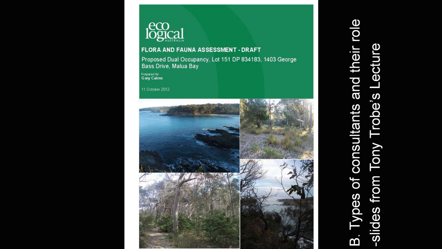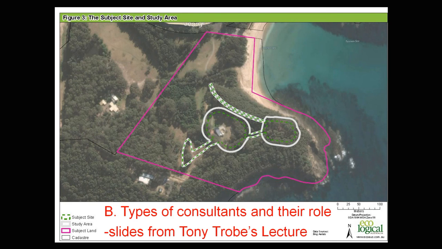When you apply for a development application, they will have a certain number of overlays, and these are the kinds of things that overlays cover. So what they were trying to do here is habitat protection for a certain type of bird.